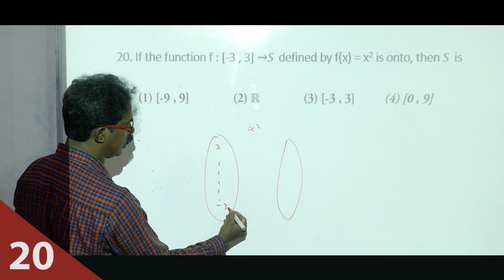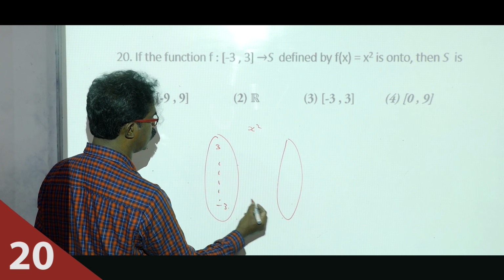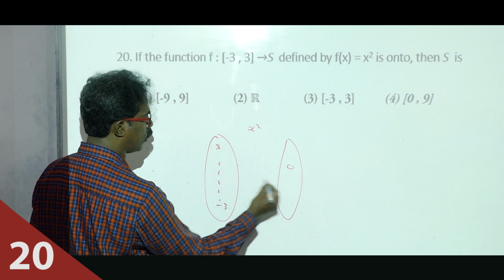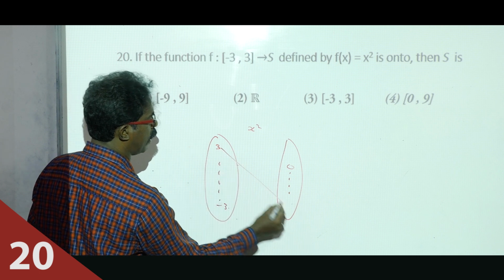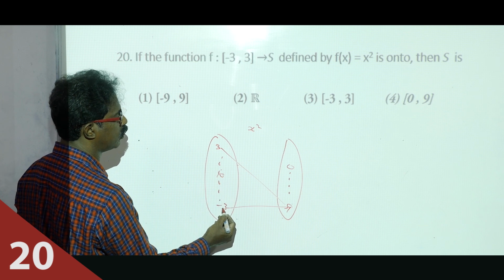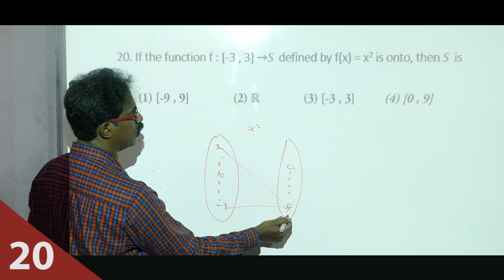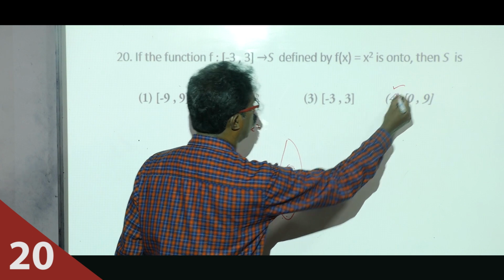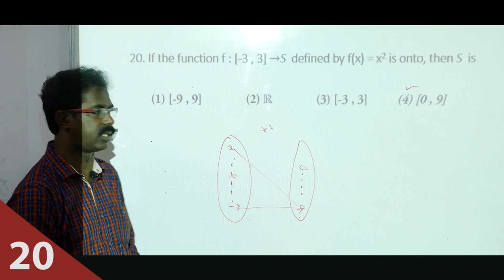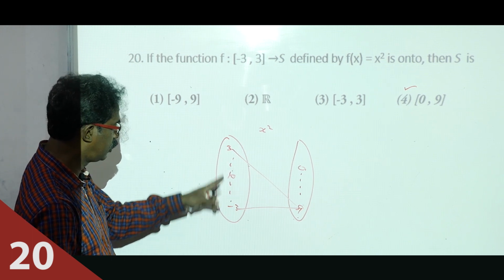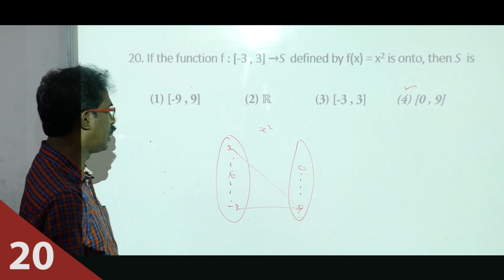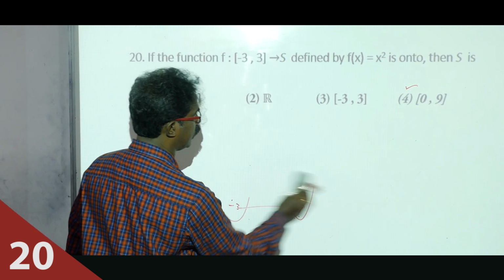Minus 3 square is 9, 3 square is 9, 0 square is 0, 1 square is 1, and so on, up to a maximum of 9. So the images will be only from 0 to 9. So the correct answer is the fourth one because the function is f of x equal to x square. When you square it, the answers are all positive. The maximum value 3 and the minimum value minus 3, its square is also 9 only. So it takes the values only from 0 to 9.